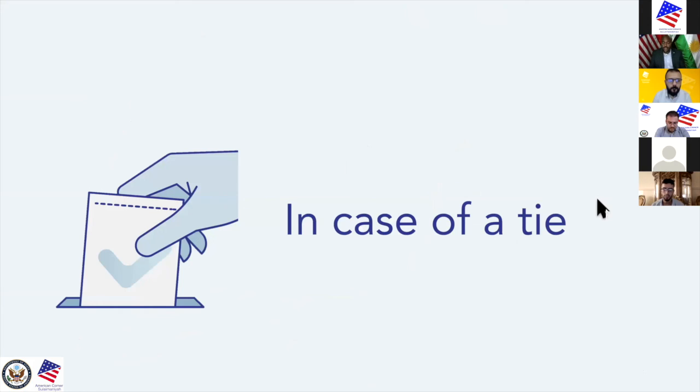And in case of a tie, or if someone does not get 270 votes in the Electoral College, the 12th Amendment says that basically the House of Representatives votes for the president.